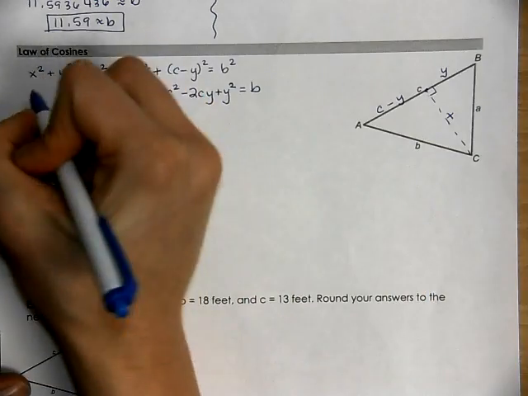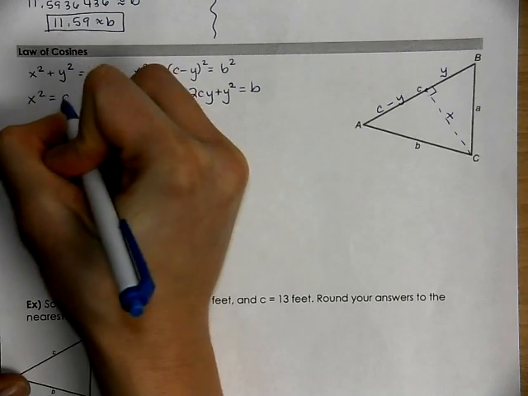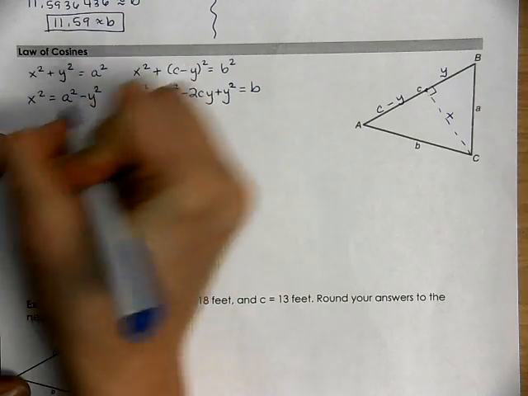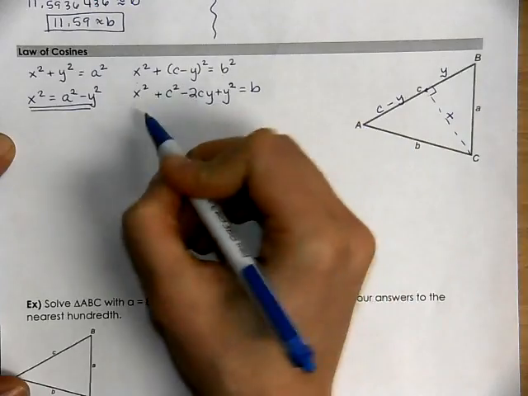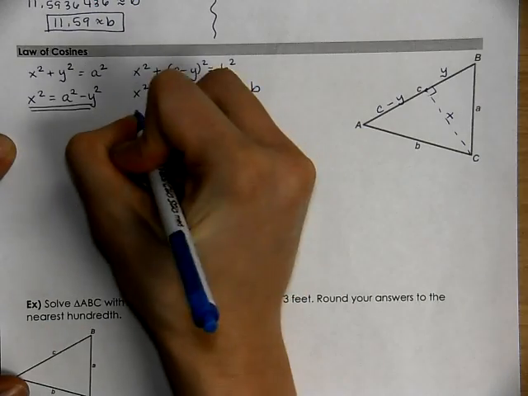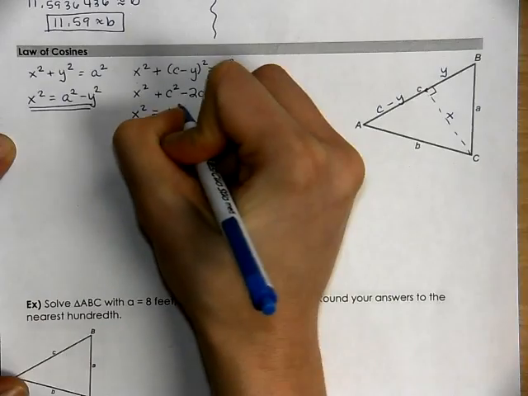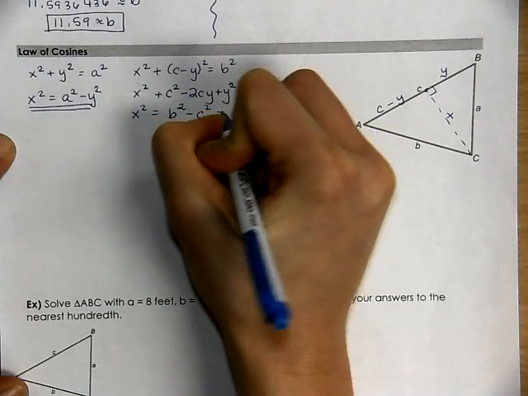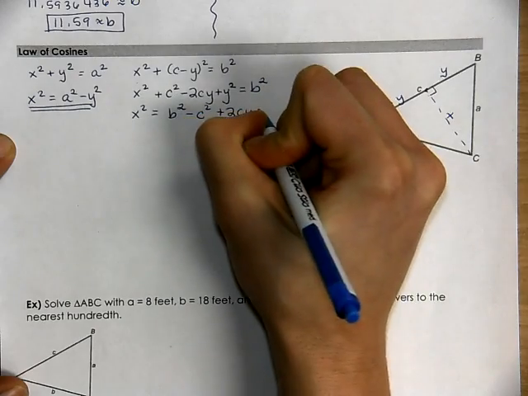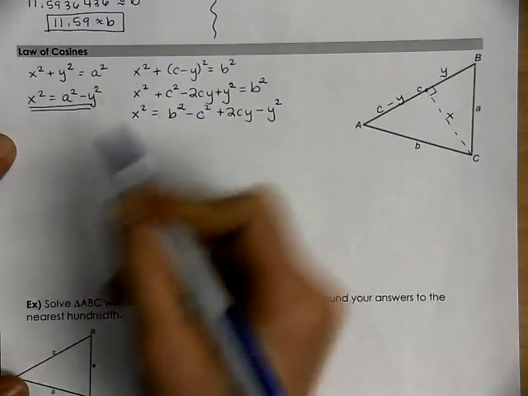So if I solve this equation for x squared, I get x squared is equal to a squared minus y squared. And if I solve this equation for x squared, I get that x squared is equal to b squared minus c squared plus 2cy minus y squared.